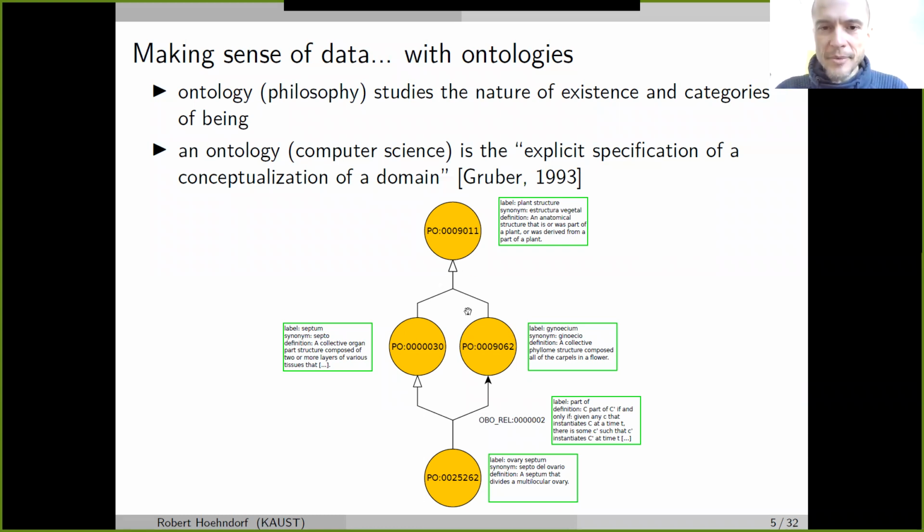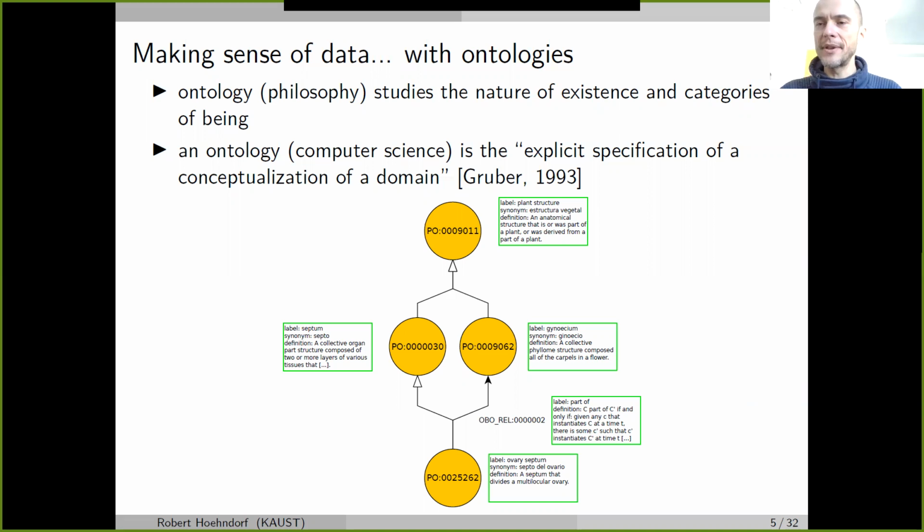So there are two types of axioms. One is a subclass axiom, for example, between the septum and the plant structure, and another one is something that we'll have to analyze a bit closer, but it's essentially an existential restriction, so that every ovary septum must be part of some gynoecium in a plant.